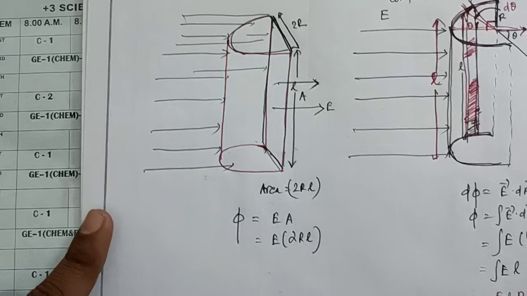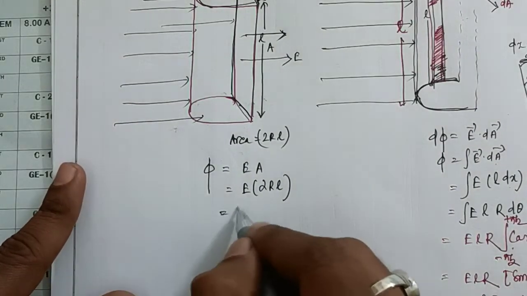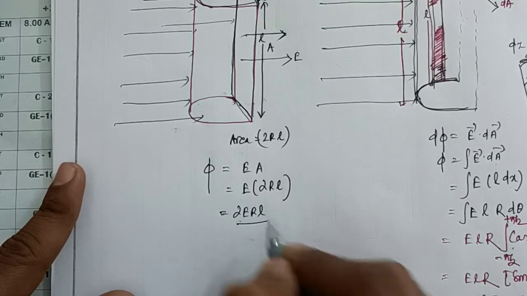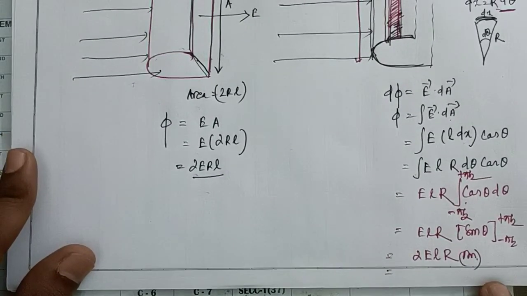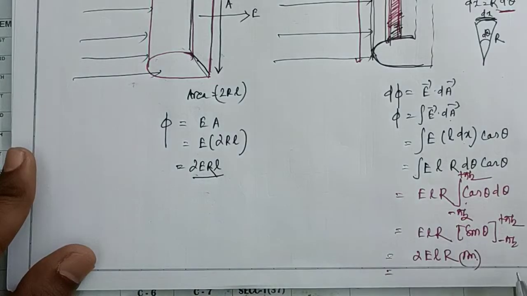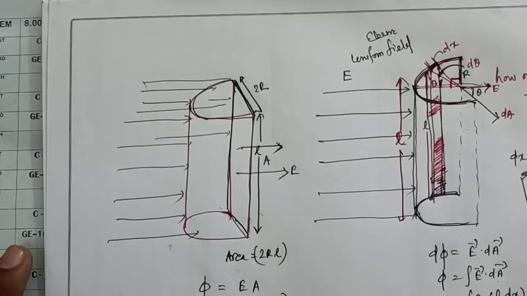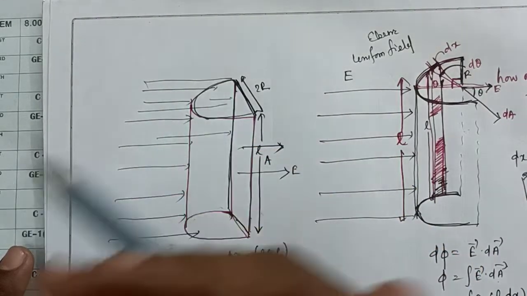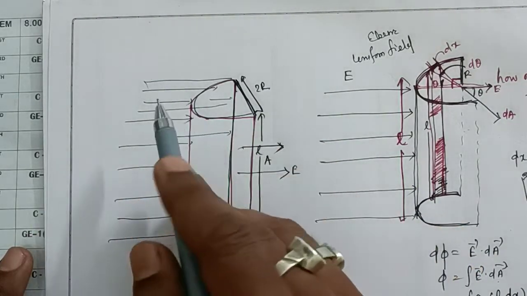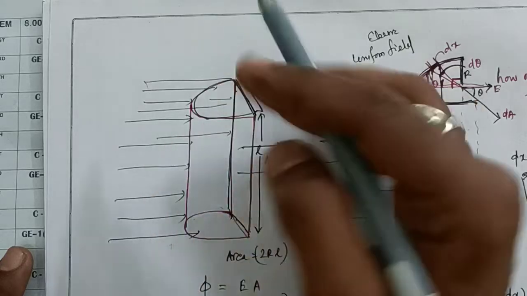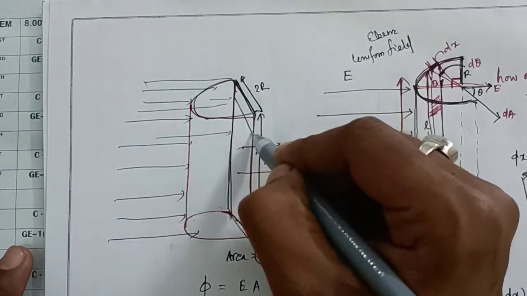A student can suddenly see that this expression matches these expressions. It is a point of observation the student has to think about: the electric field is not non-uniform, the electric field is uniform. That's why this case is more useful if it is uniform.